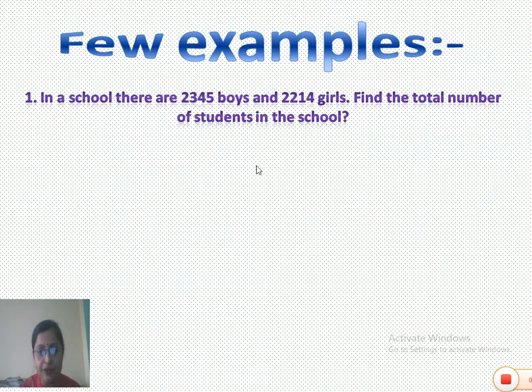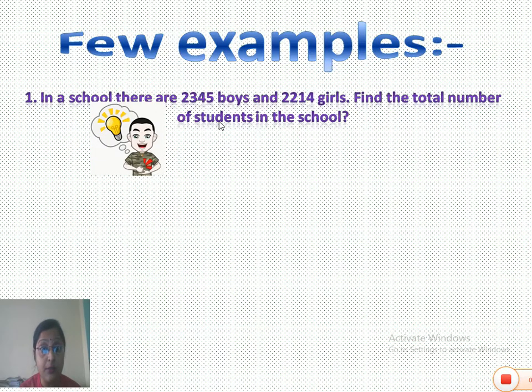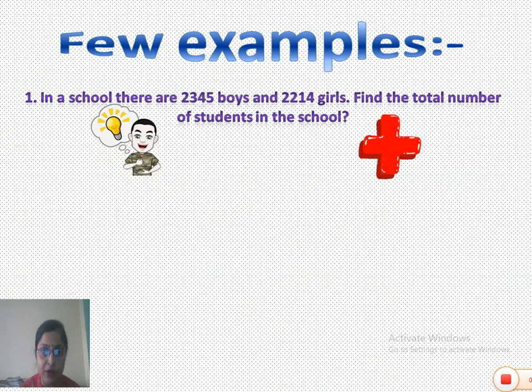Well, you have to put on your thinking cap and start thinking regarding the action. If we have to find the total number of students, then what is the action we need here, children? Yes, it is the action of addition.